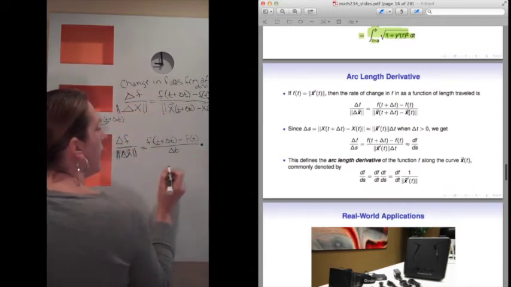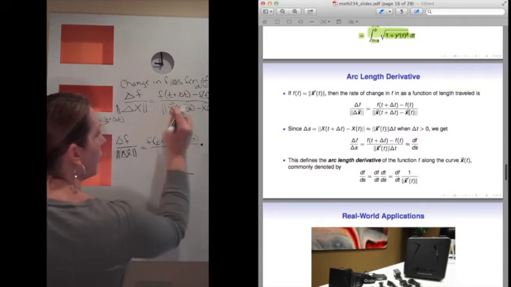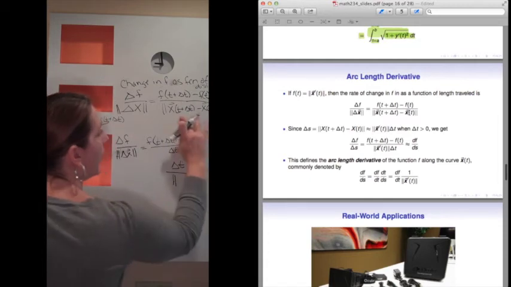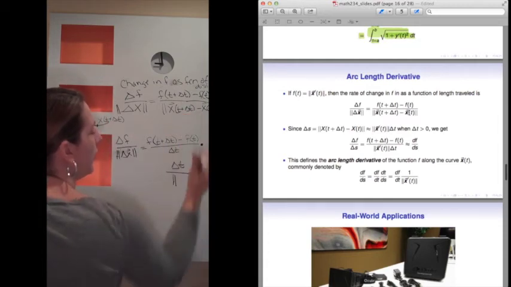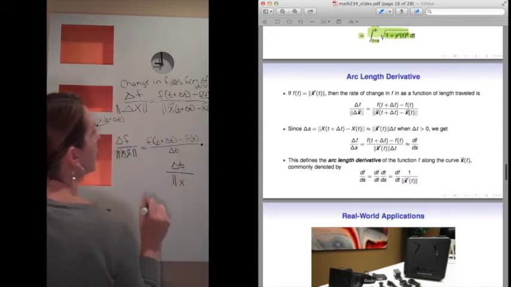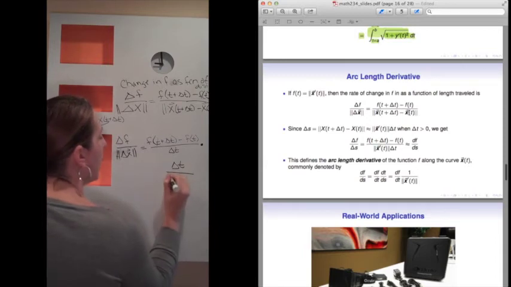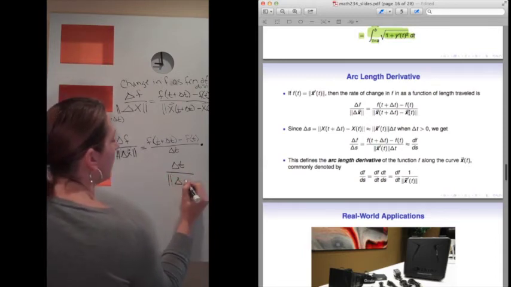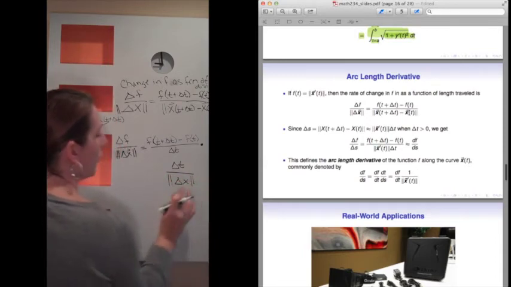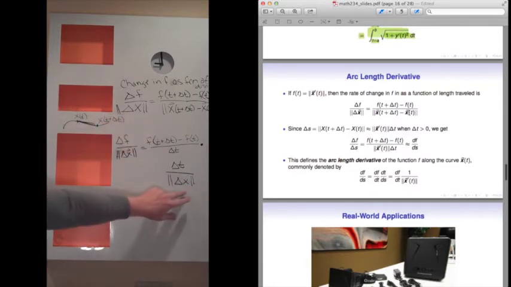So I'm going to multiply by this quantity, which is delta t over, let me just leave it discretized, delta t over the length delta x, where this is the position vector.